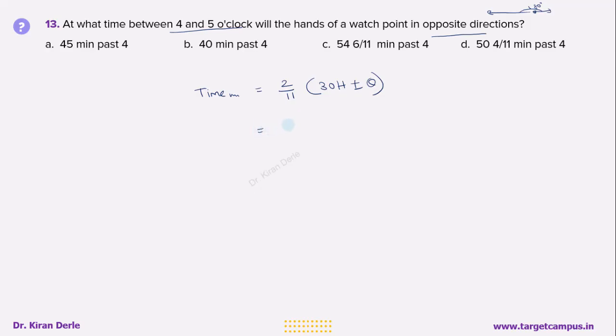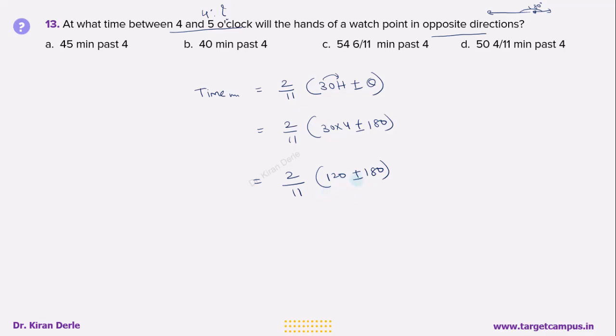So solving this, 2 by 11 into 30h. What is the value of h? We want between 4 and 5 o'clock, so 4 and some minutes. So the value of h is 4. 30 into 4 plus or minus angle 180. Now 2 by 11 into 120 plus or minus 180, right?